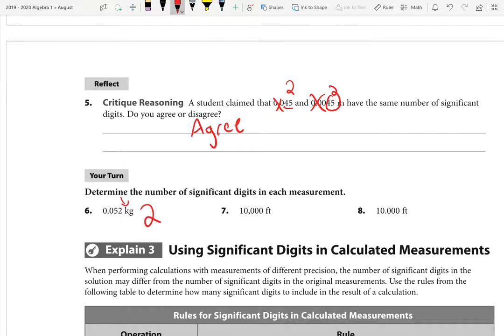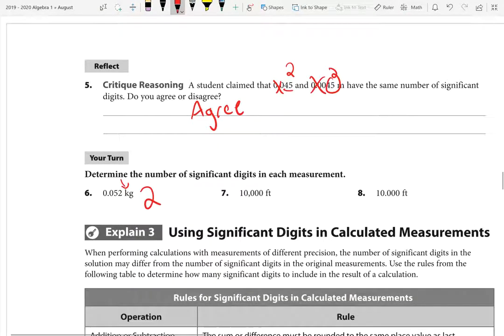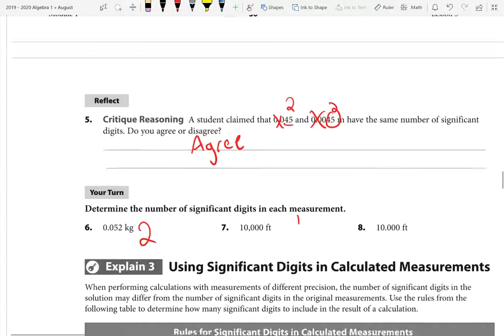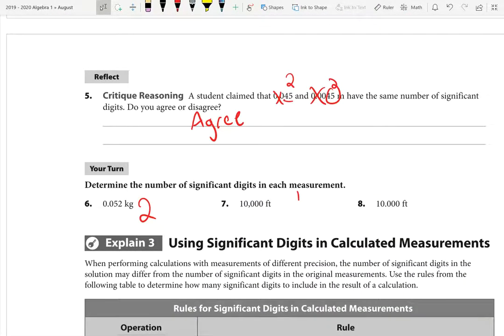Now, number 7 is a really interesting one. So remember, follow these same rules. First, the non-zero digits. There's only one number that's non-zero. It's that 1. Now let's look at the second one. Zeros between 2 significant digits. Well, there's 1, but there's no other number.